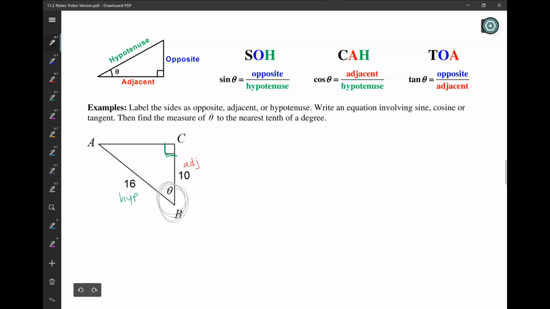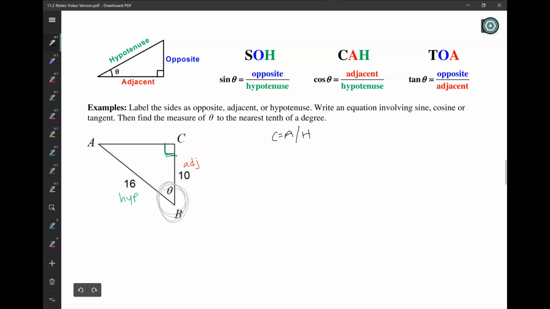So I look at my definitions and look for which one involves hypotenuse and adjacent. So look at that, cosine is adjacent over hypotenuse. Cosine. It might help you to have it written down. You don't have to, but that kind of helps you remember the order.